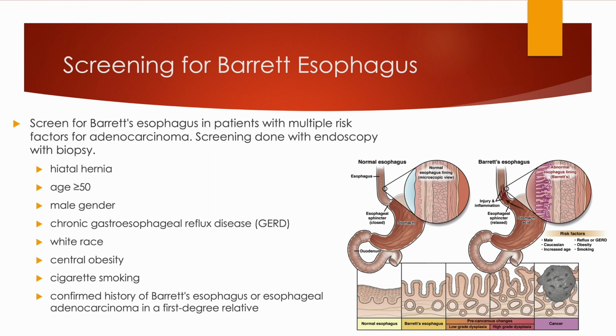And so as you see the progression, Barrett's esophagus is the precursor to precancerous changes, so dysplasia and then eventually cancer. And so we want to be able to catch it at this phase and prevent it from progressing to full-blown cancer. And so given these risk factors, we'll do a screening endoscopy with biopsy, and if we do find Barrett's esophagus, then from then it's surveillance.